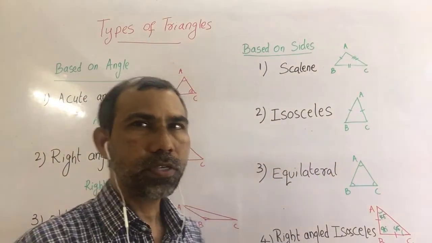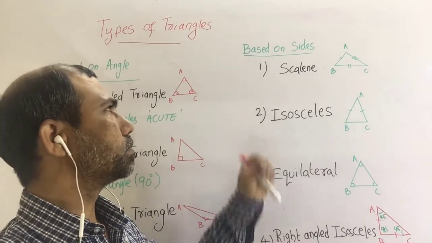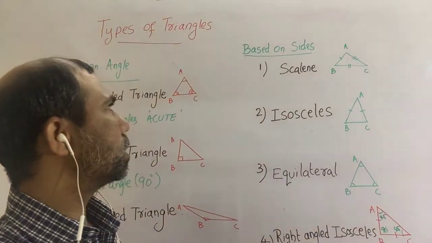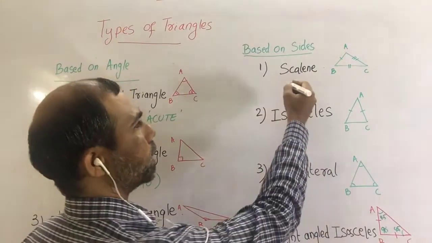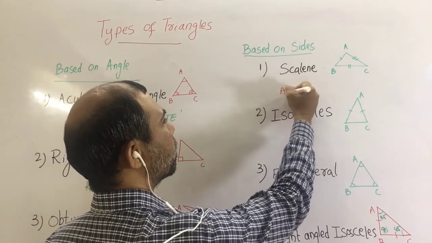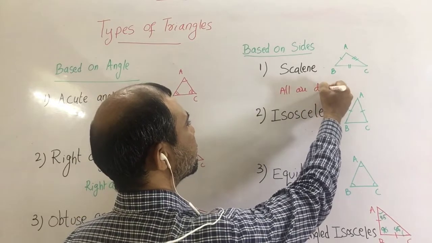Now let us see the triangles based on the sides. If all the sides are different lengths, then the triangle is called scalene. All are having different lengths.